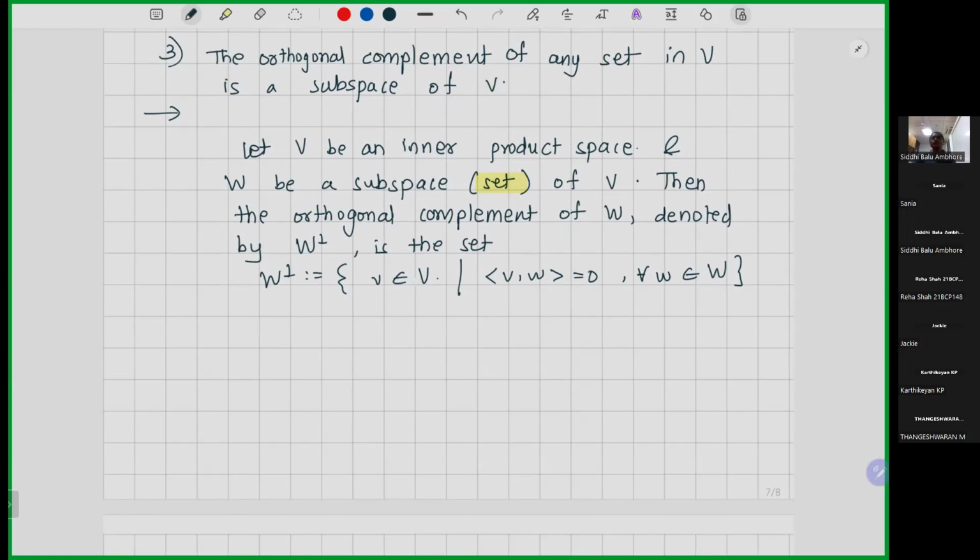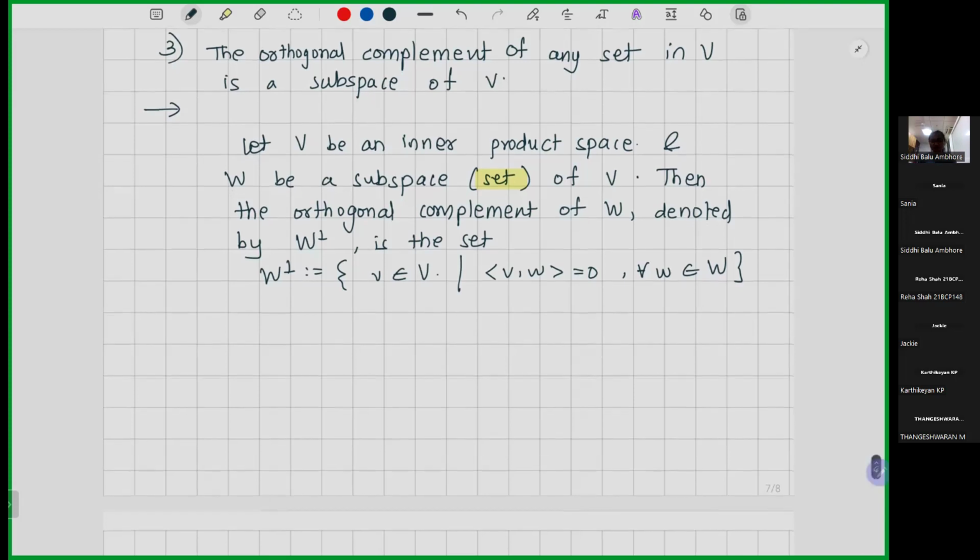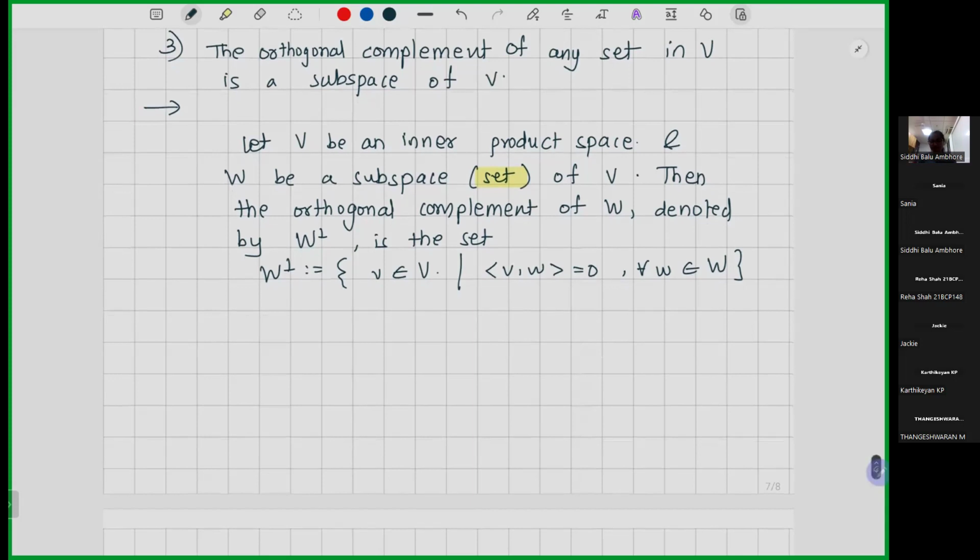It's true because based on the definition of orthogonal complement, small v would be in bigger V, so the complement would always be in V. Yeah, that's okay, but whether it will be a subspace.